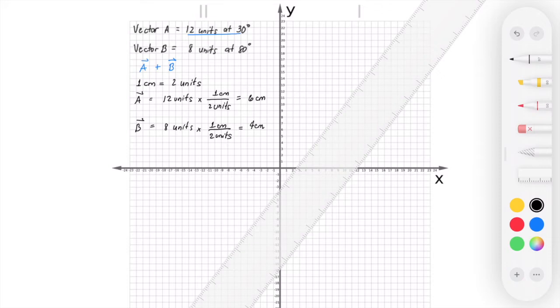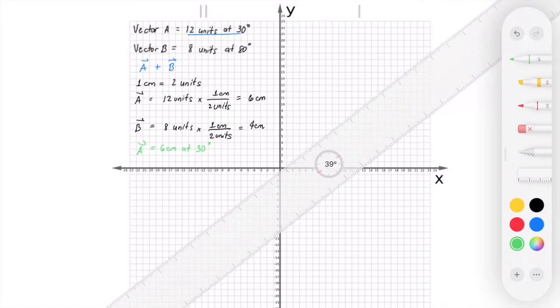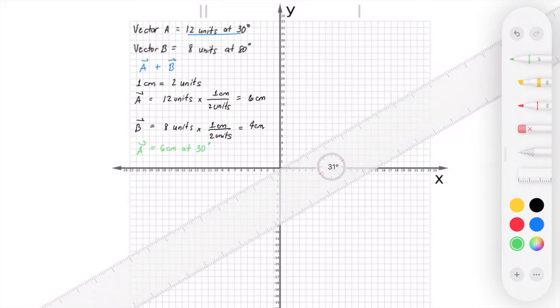So let me graph first the vector A. So the vector A now, that would be 6 centimeters at 30 degrees. So I'm going to plot it here. I'm going to have it at 30 degrees, and then afterwards I'm going to have it 6 centimeters.